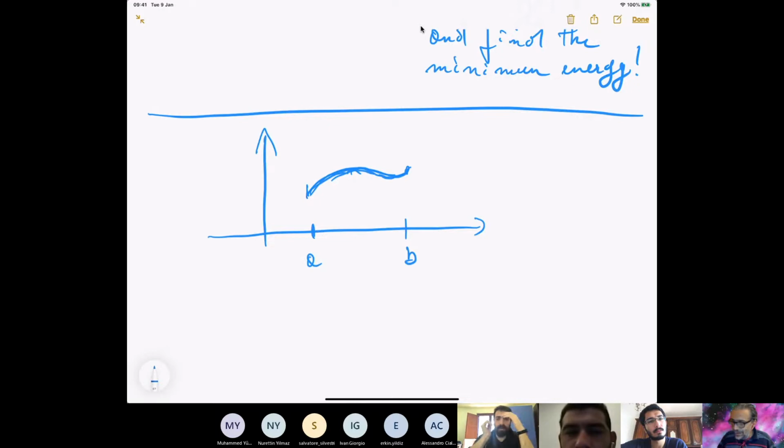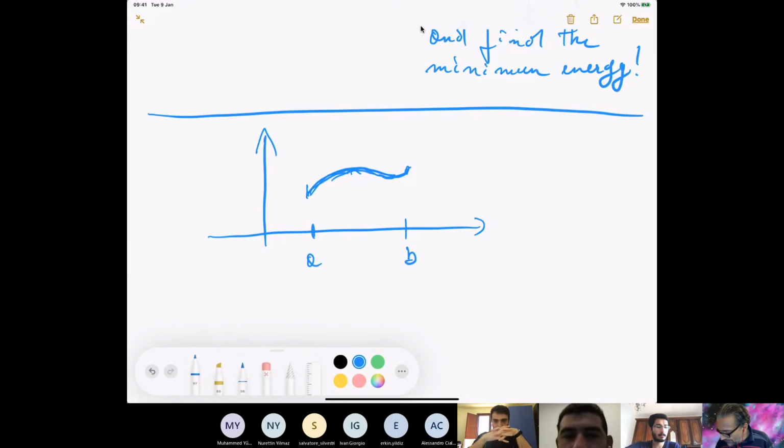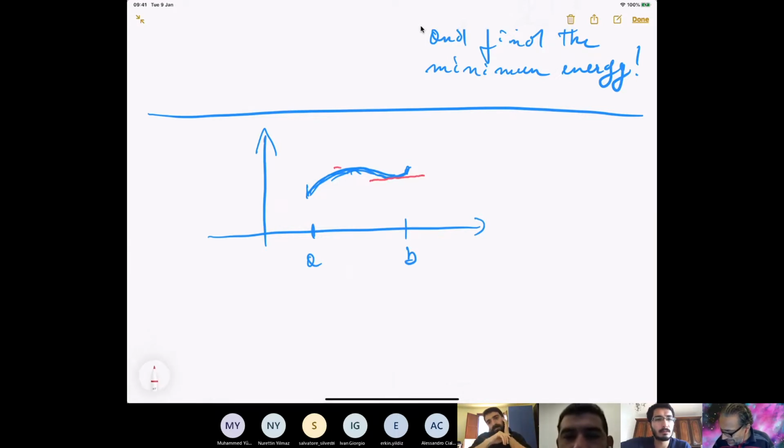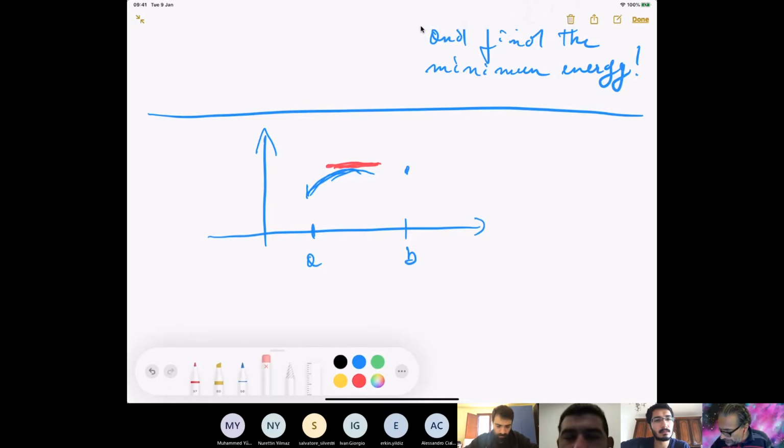I am trying to draw the plot of this function. You have studied in mathematical analysis that the tangent to the plot of this function is horizontal, so the derivative of the function is 0 if you are in the minimum.